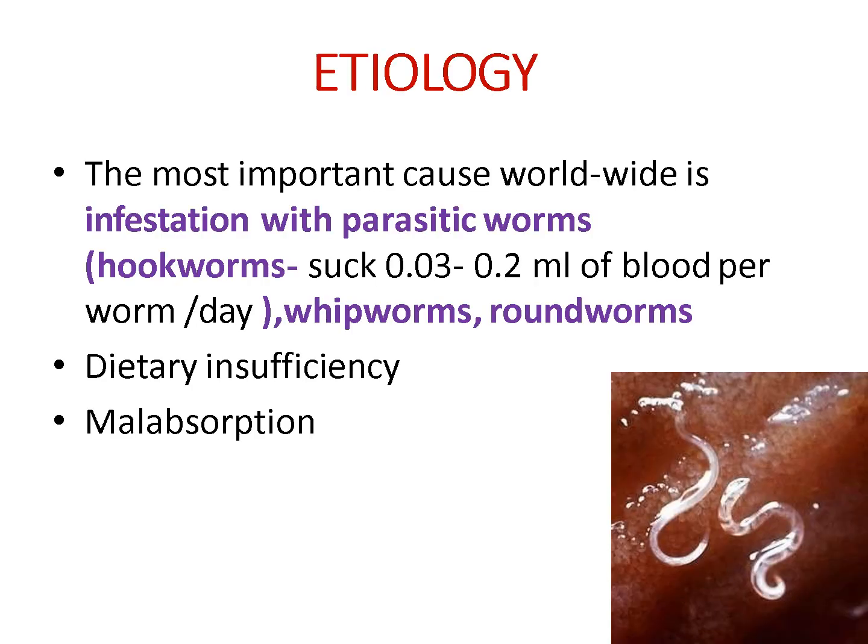Now we will discuss etiology in detail. The most important cause worldwide is infestation with parasitic worms. Hookworms suck about 0.03 to 0.2 ml of blood per worm per day. Whipworms and roundworms. Dietary insufficiency and malabsorption.